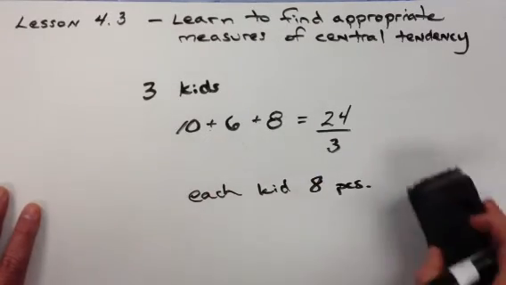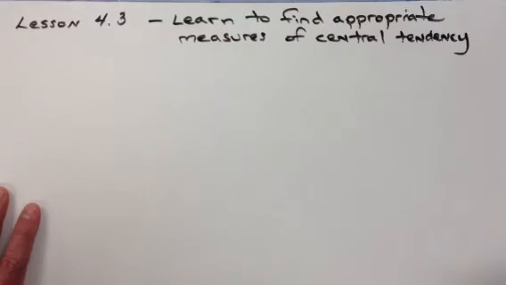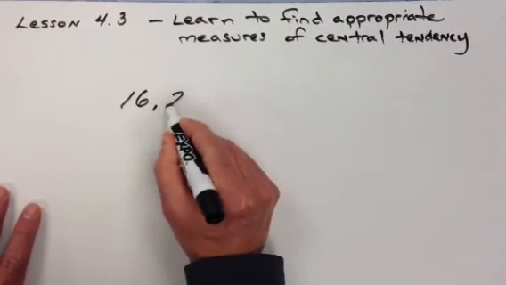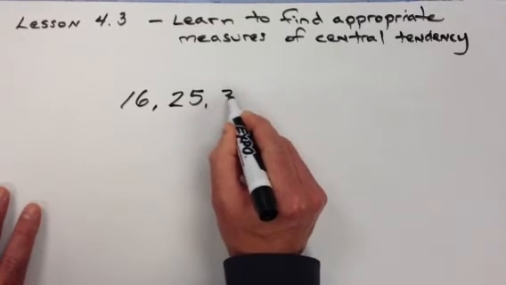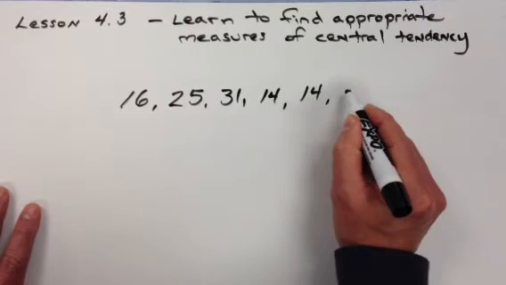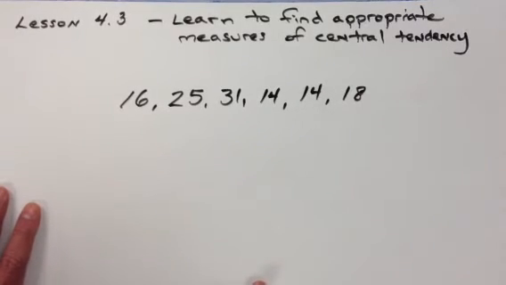Okay. So let's take a peek at the example that's on your worksheet. The data that they have here is 16, 25, 31, 14, 14, and 18. You could think about it the same way.